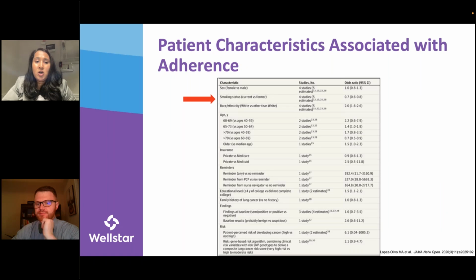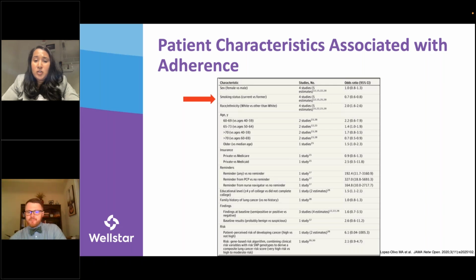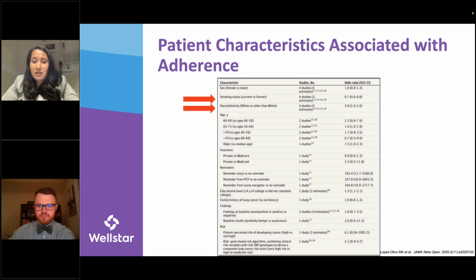As you can imagine, there are certain characteristics that are associated with higher adherence rates. Certainly patients that are former smokers are more likely to come back for their adherence exams. White patients are more likely to come back for follow-up exams compared to other ethnicities.